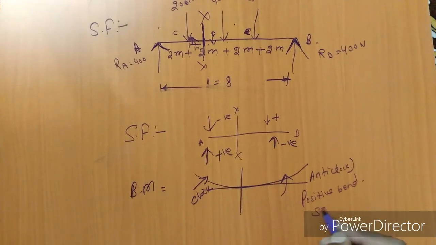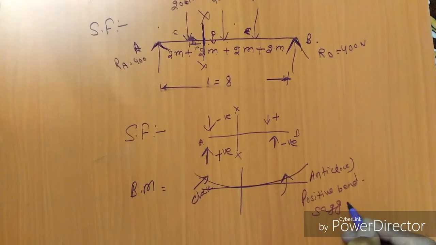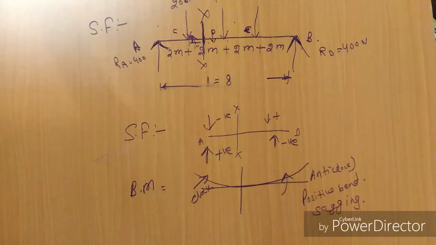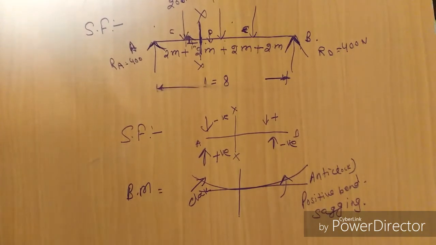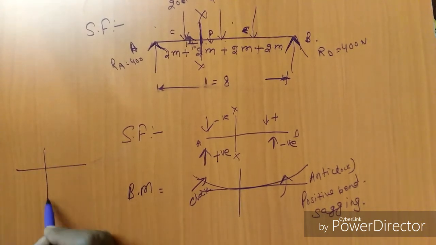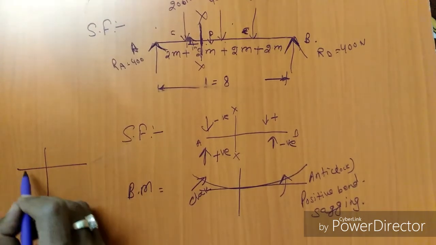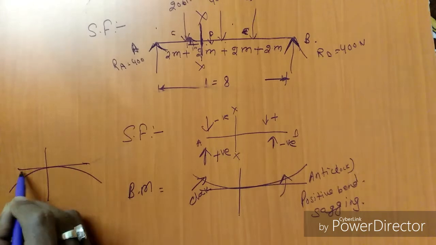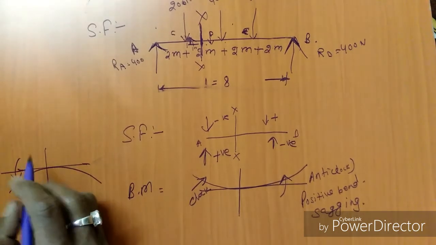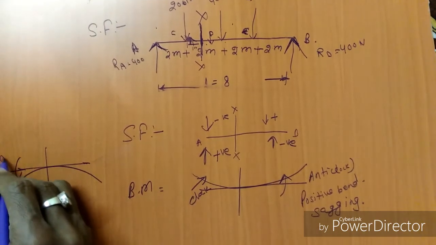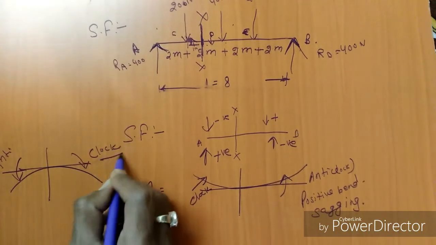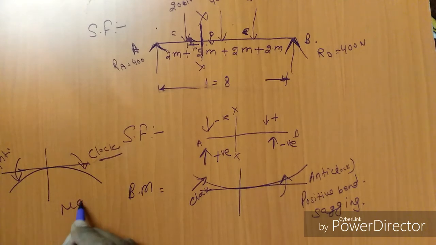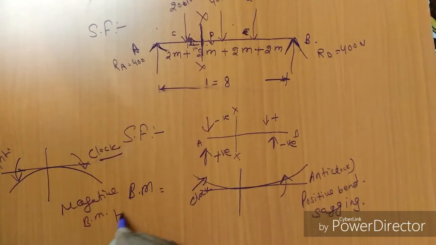It is also called sagging. And similarly for negative bending moment, if the forces acting on the left hand side are anti-clockwise and the right hand side is clockwise, that is called negative bending moment. It is also called hogging.